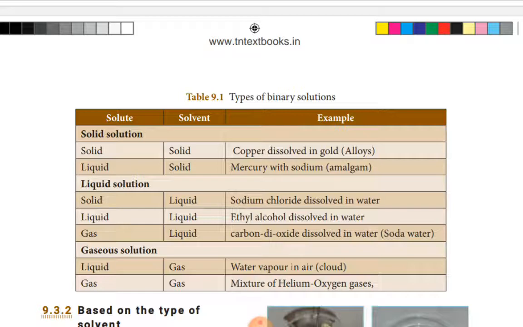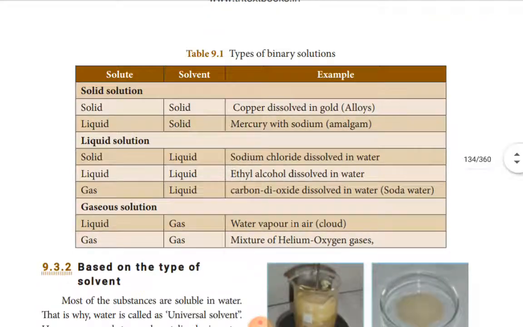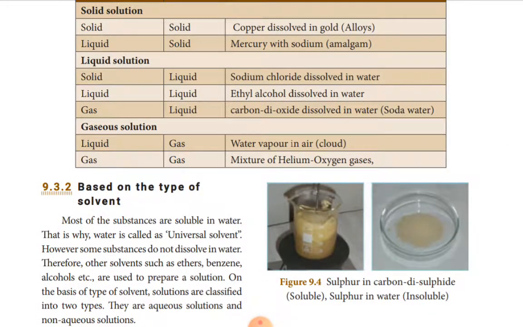The liquid solution, solid in liquid, salt in water, liquid in liquid, alcohol in water, gas in liquid, carbon dioxide in water. Gaseous solution, liquid and gas, water vapor, cloud, gas and gas, mixture of helium, oxygen gases.